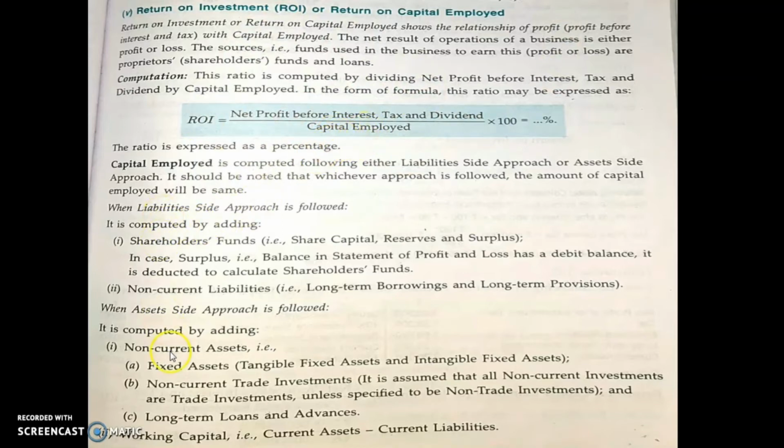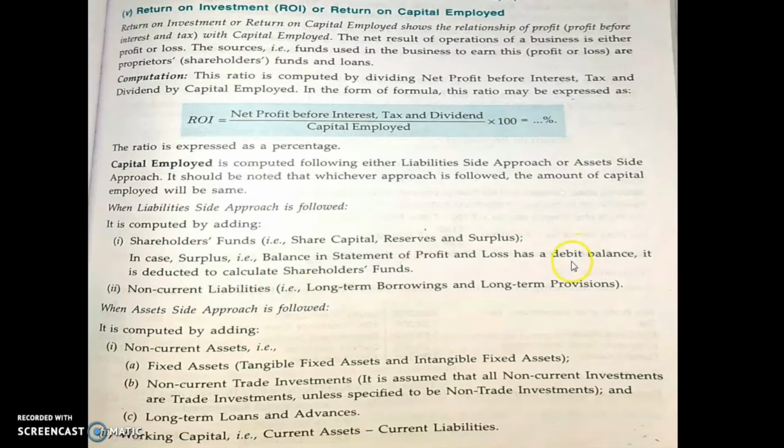We have two approaches under capital employed, that is liability side approach and asset side approach. In liability side approach, the items which we have to consider are shareholders fund. Under shareholders fund, which all are the items? Share capital, reserves and surplus. And in case surplus or balance in statement of profit and loss has a debit balance, it is deducted to calculate shareholders fund.